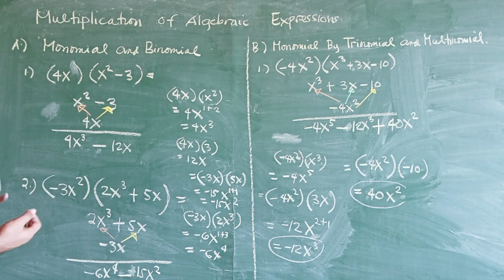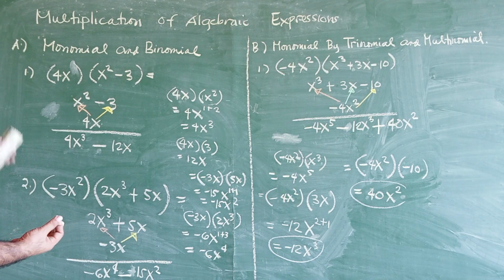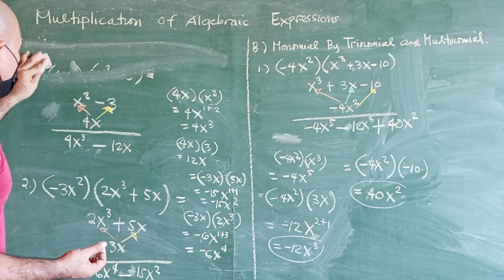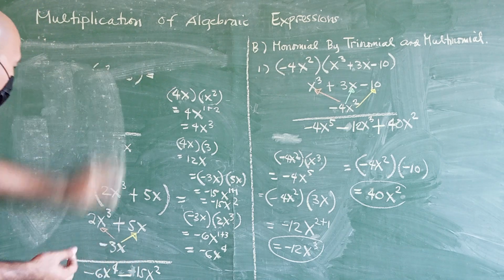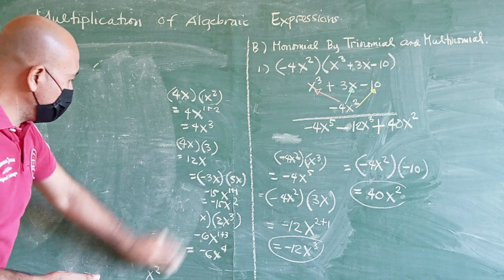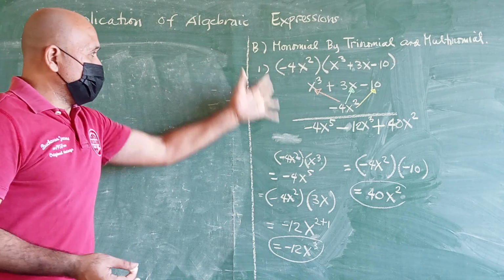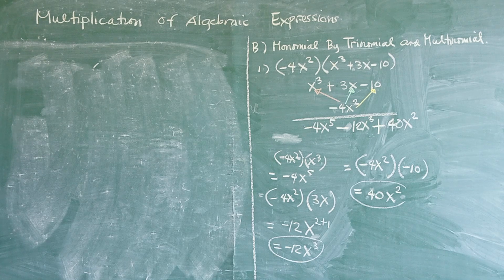Okay, so last part for this one, we continue with the multiplication of monomial and trinomial, still under this letter B, or next one.